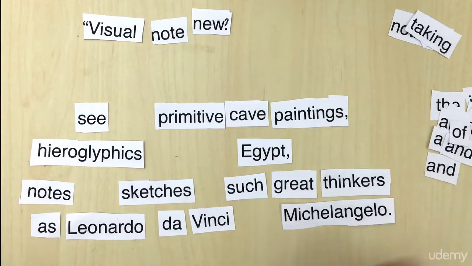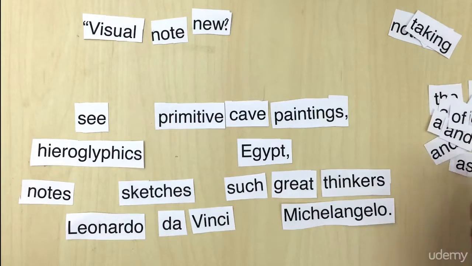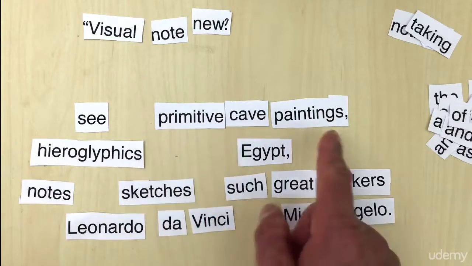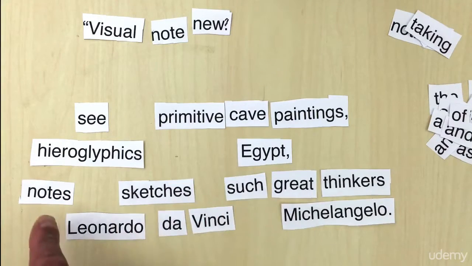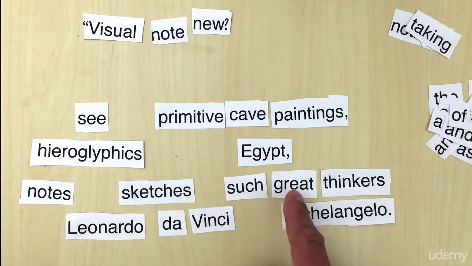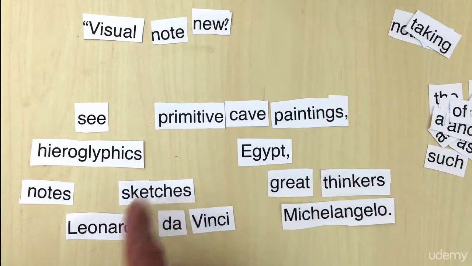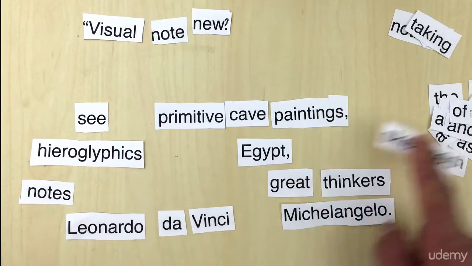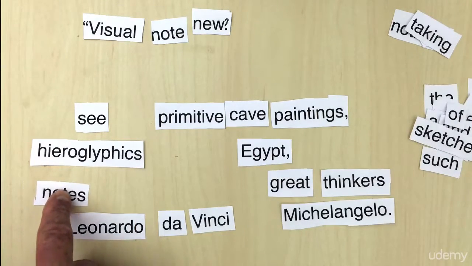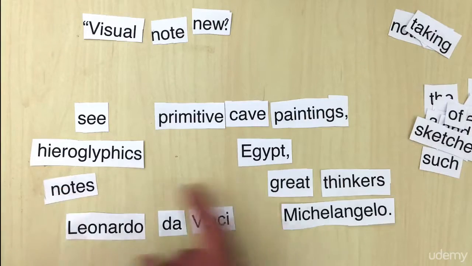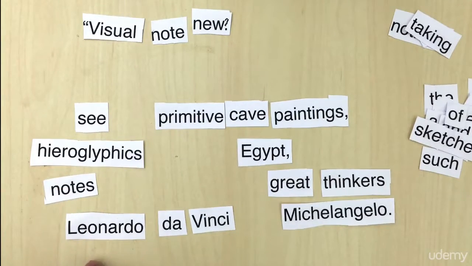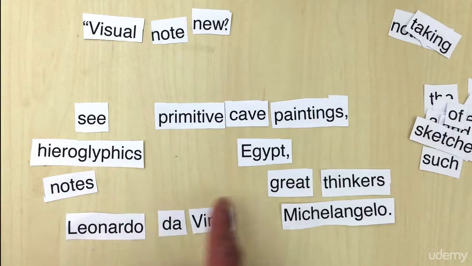If we get rid of "the" and "there" and "as." So, see primitive cave paintings, hieroglyphs of Egypt, notes and sketches, such great thinkers. I don't need the "such." I don't actually need sketches because notes of great thinkers like Leonardo, we've seen his notes, we know what they're talking about, so that'll do.